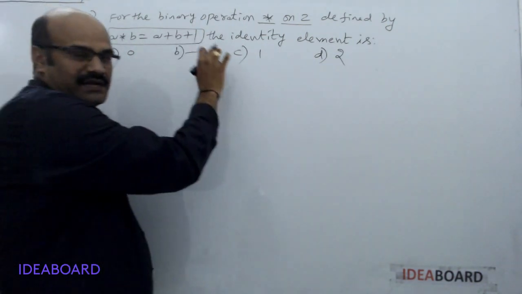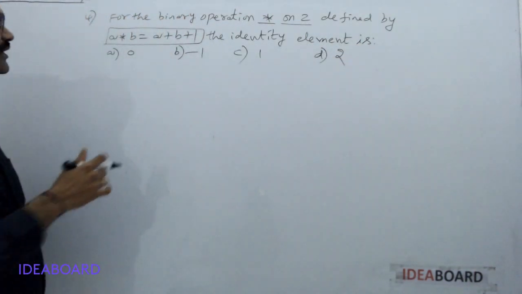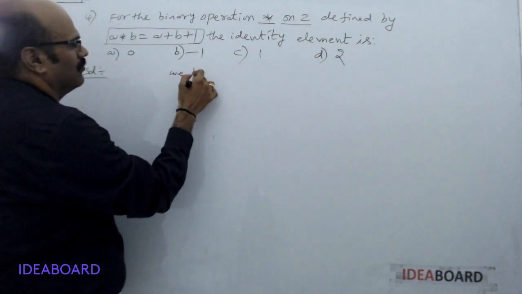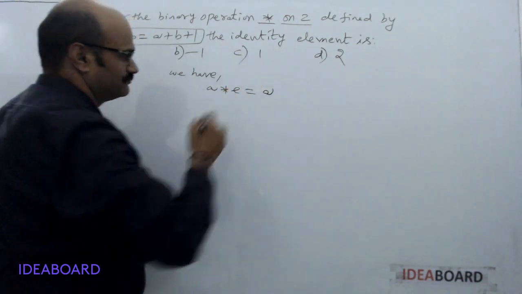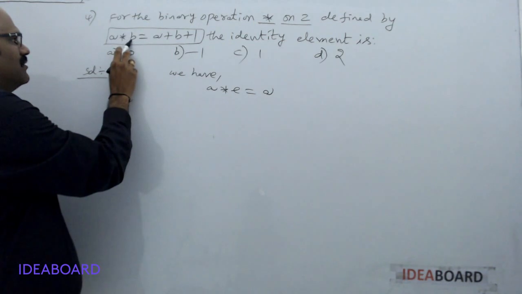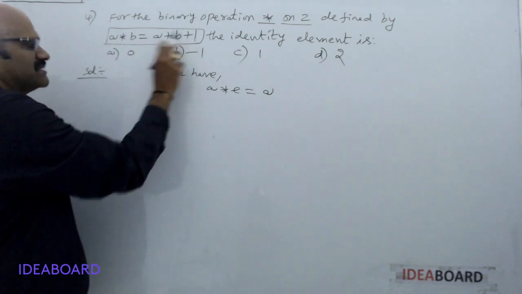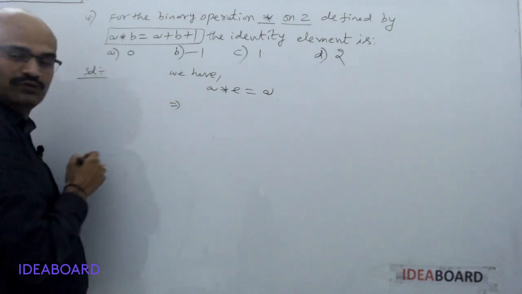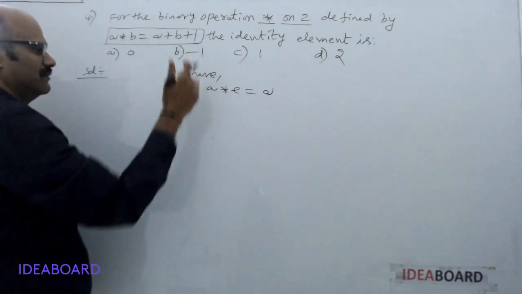Then the identity element is, the identity law is we have A star E equal to A. Here it is defined that A star B equal to take the sum of A and B and take plus 1. So now A star E equal to, we take it as A plus E plus 1.